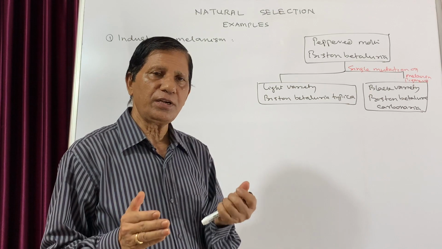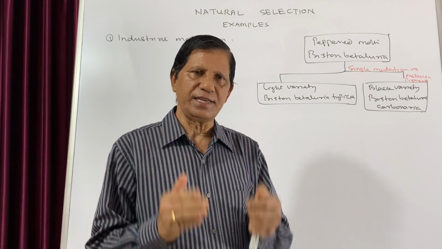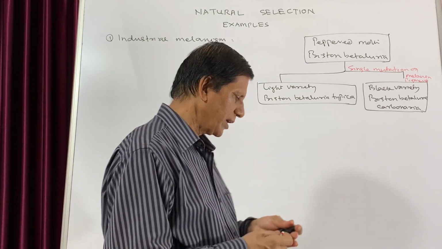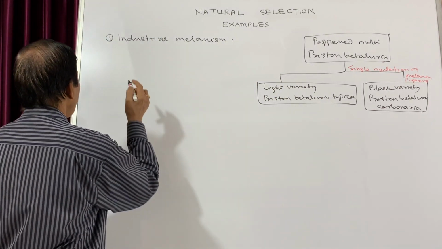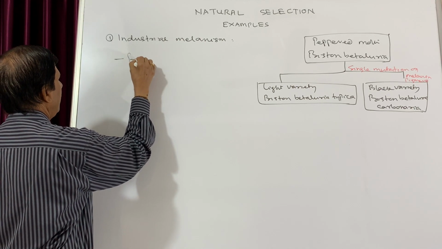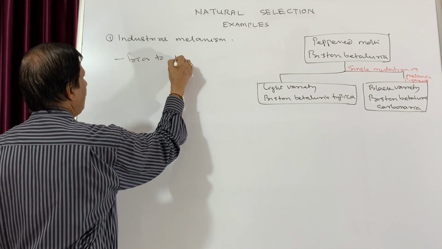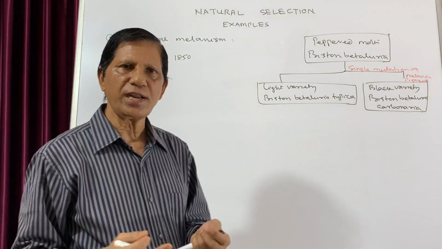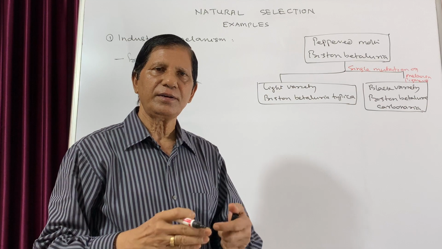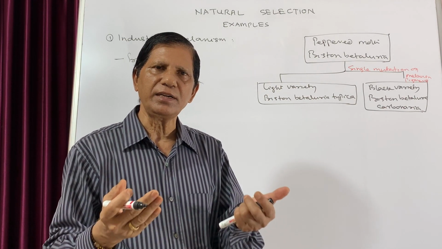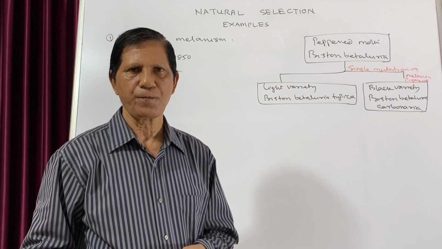Now let us consider the case before industrialization in England, prior to 1850. There was no industrialization, and in nature the lichens grew luxuriantly on the bark of the trees.